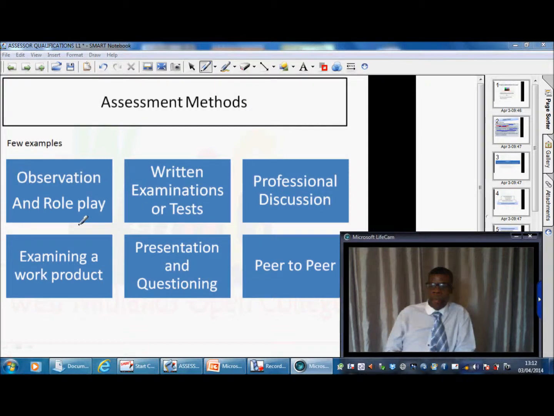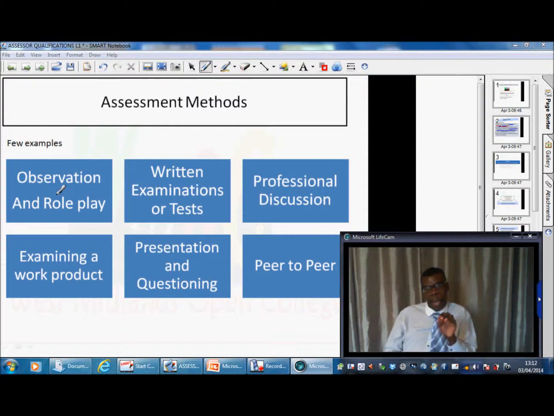Now, if you look at observation and role play, it is a method where we have a criteria that we're looking at, and then we let the candidate perform the task. Then you're observing them, how they're performing the task. There are certain benchmarks, which means certain things they have to achieve as a minimum.